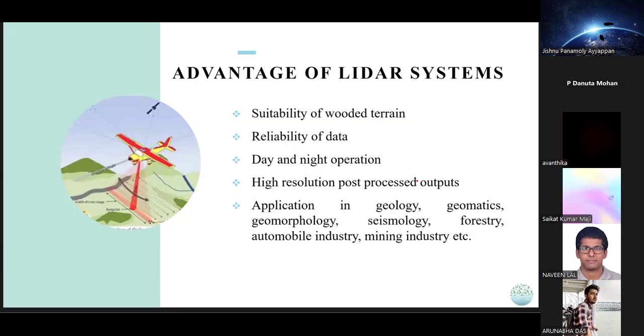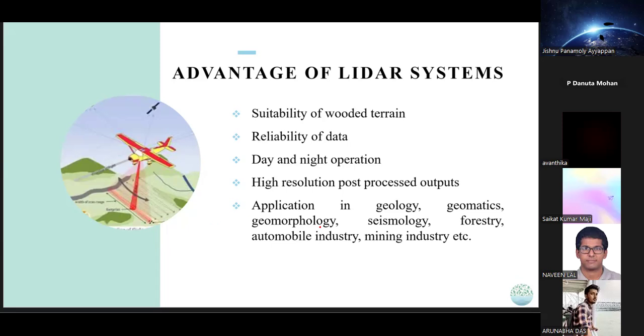We can use LiDAR sensors to model the slope stability of the areas. These surveys are very crucial, because in the commercial industry the accuracy can never be compromised. So it is always advised to use high resolution LiDAR sensors for mapping and monitoring purposes.